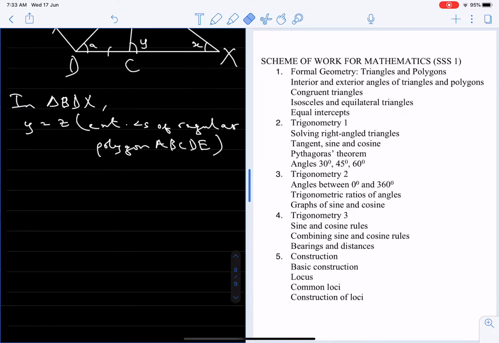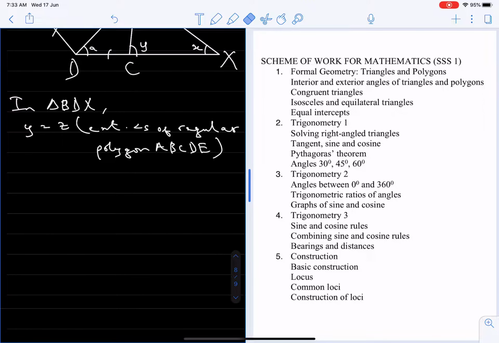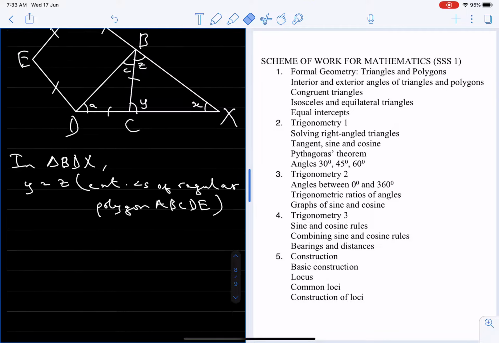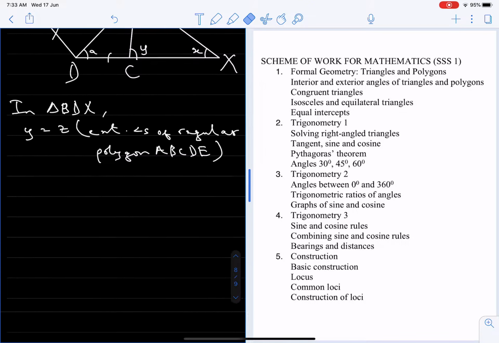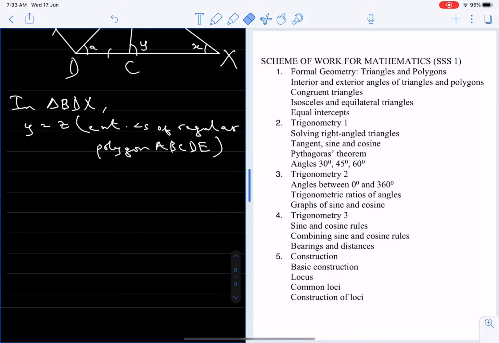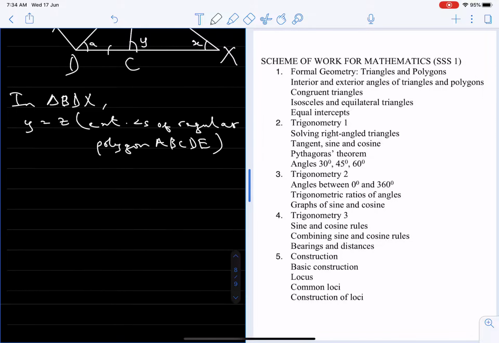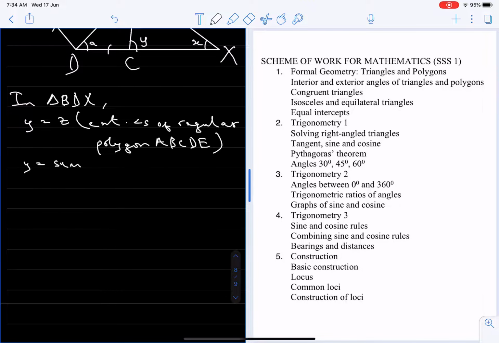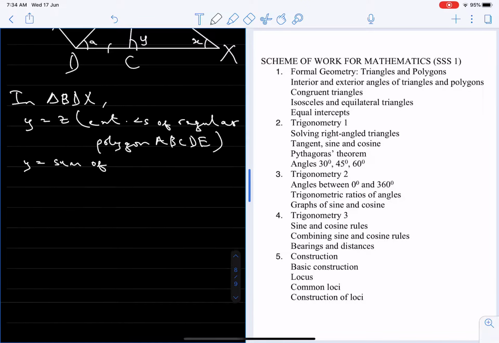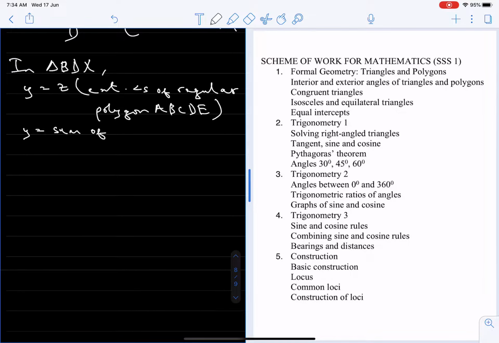Before that, let me find the size of that exterior angle. I know that Y equals the sum of exterior angles over number of sides.